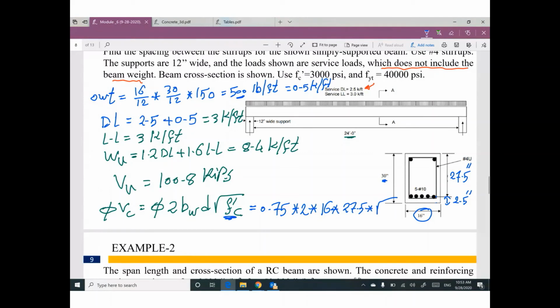F prime c is given as 3000. Very easy. So 0.75 times 2 times 16 times 27.5 times square root of 3000. This value equals 36,149.7 pounds.